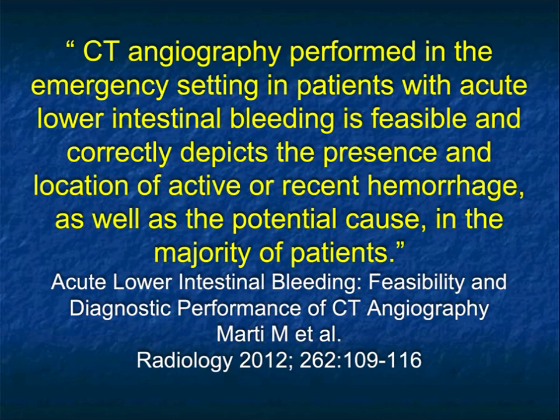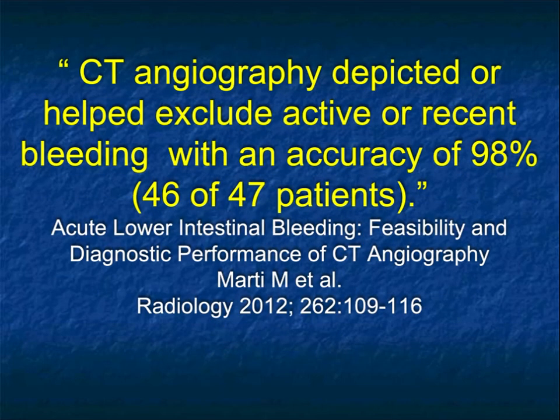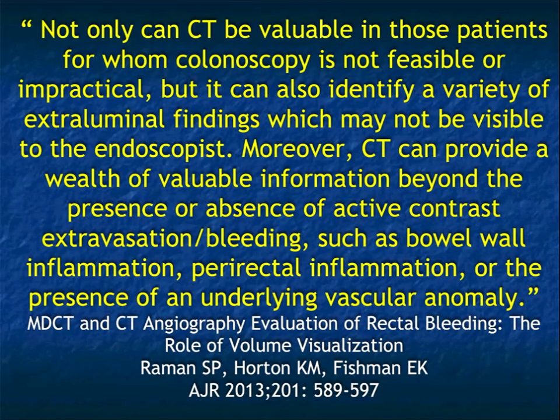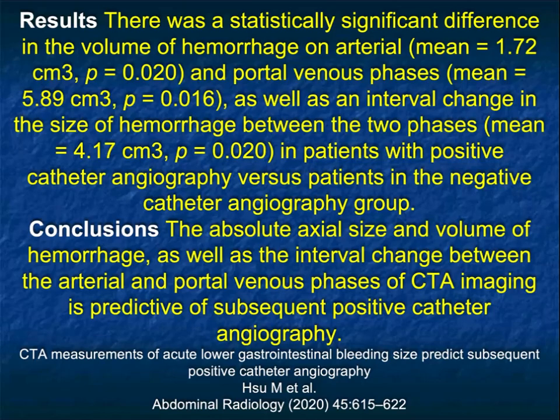This article by Marty about a decade ago: CT angiography performed in the emergency setting in patients with acute lower intestinal bleeding is feasible and can show the presence and location of bleed. Now, it's interesting, those were the days when people were saying it was possible, but articles like Marty's showed a very high sensitivity and specificity. This is an article when Shiva Raman was at Hopkins talking about the value of using CT pre-colonoscopy, because we can find the site of bleeding, determine its cause, and then determine how to manage the patient from that information alone.